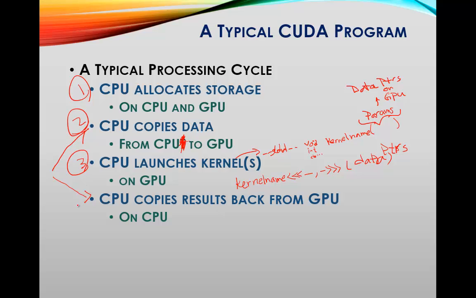So when you copy your data from host to device in step number 2, you use cudaMemcpy, and the parameters you pass to it are the data pointers on the host and the data pointer on the device. And then you use the keyword cudaMemcpyHostToDevice. So that's what happens in step number 2. And in step number 4, you use the reverse keyword, cudaMemcpyDeviceToHost, which transfers the data back from your GPU memory onto your CPU memory.